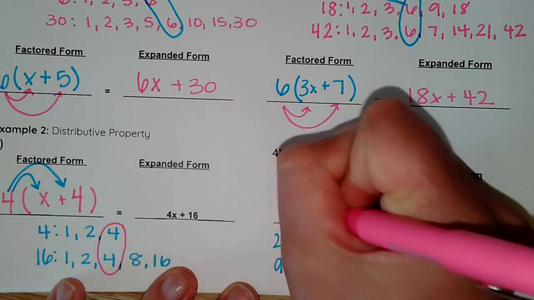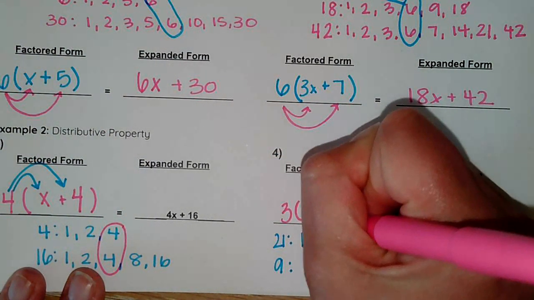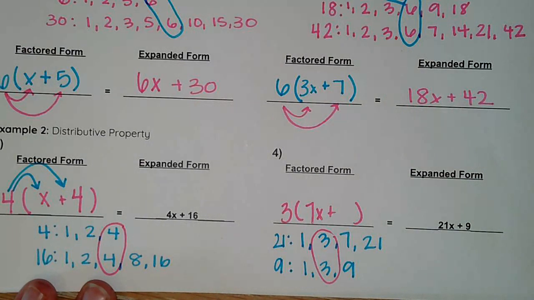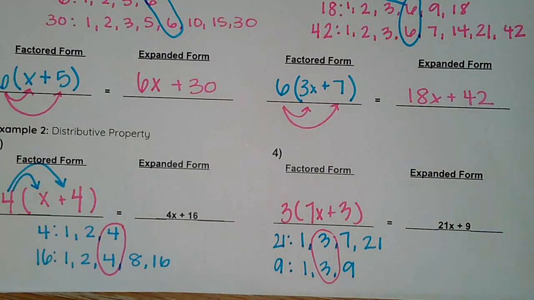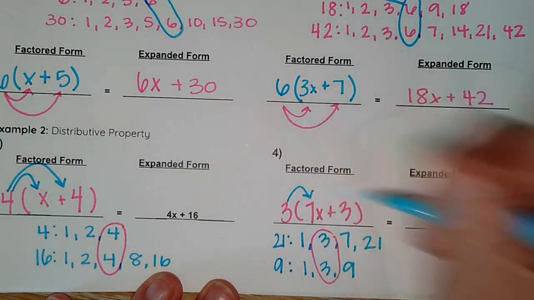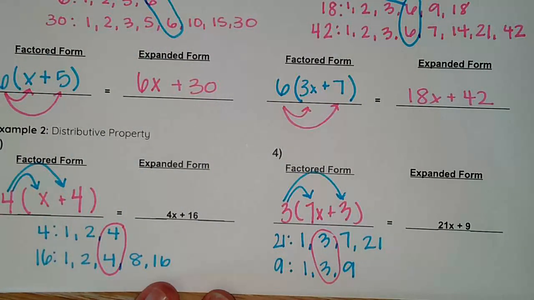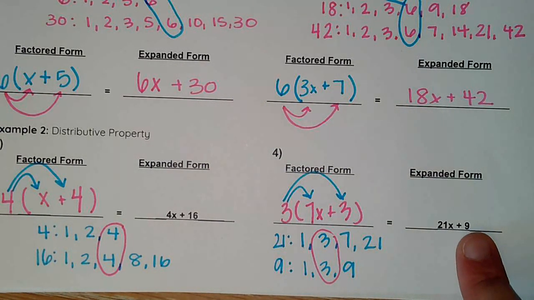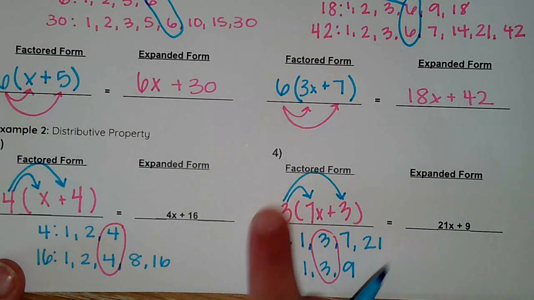So the 3 goes outside of my parentheses. 21x divided by 3 leaves me with 7x. 9 divided by 3 gives me 3. Now to check my work, what's 3 times 7x? That does leave me with 21x. And 3 times 3 is 9. So I'm determining what the greatest common factor is, pulling that out, dividing, and getting my factored form.